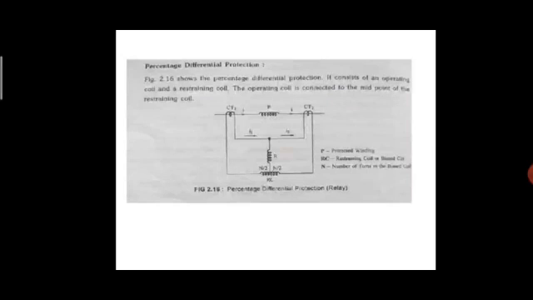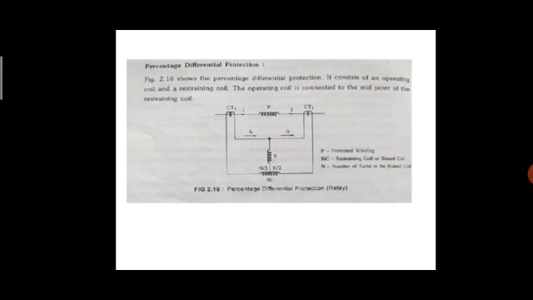Next one, percentage differential protection. See figure 2.16. The percentage differential protection consists of an operating coil and a restraining coil. The operating coil is connected to the midpoint of the restraining coil. Observe the diagram.